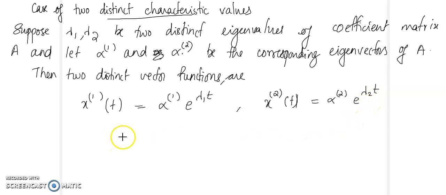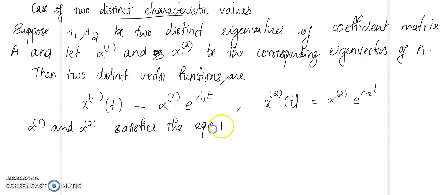Now we know that lambda 1 and lambda 2 are eigenvalues of the coefficient matrix A, and alpha 1 and alpha 2 are the corresponding vectors. Alpha 1 and alpha 2 satisfy the equation.